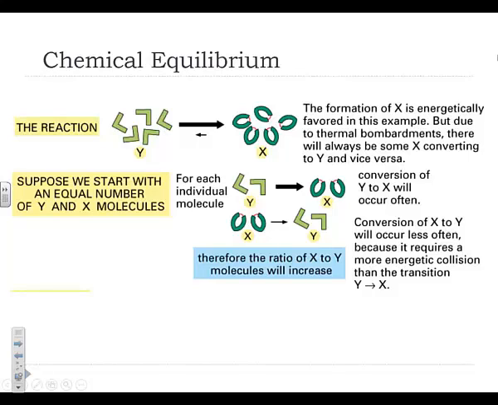If you look at the beginning, there would be equal numbers of X and Y. Fine, you have a favorable reaction. You're going to have a forward reaction. There will be a little bit at any one time of the reverse reaction, even if you start with those equal numbers.